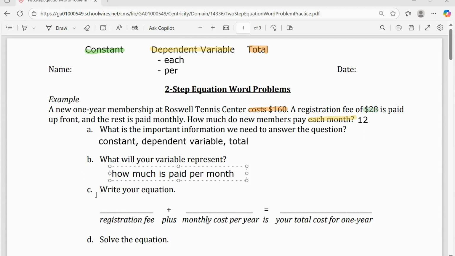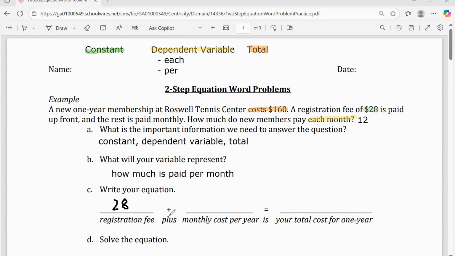Now they're going to allow us to write our equation. If you look underneath, it tells us exactly where it wants us to put each part. It says the registration fee, which we identified as our constant. We're going to write that first, so we got 28.